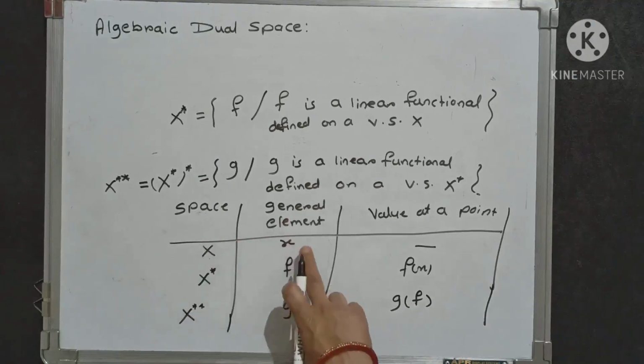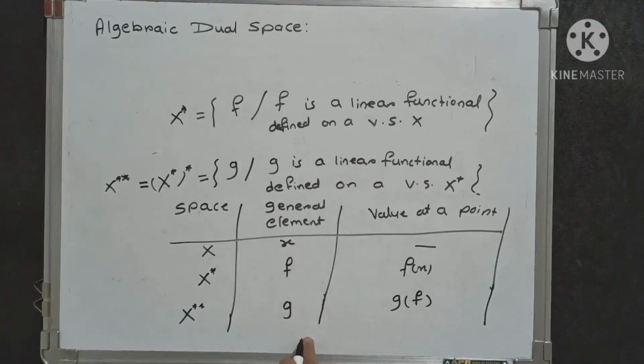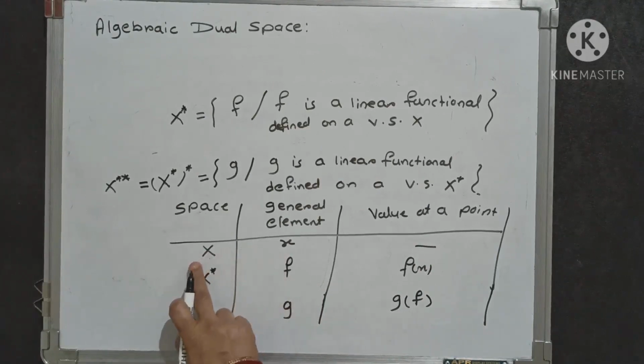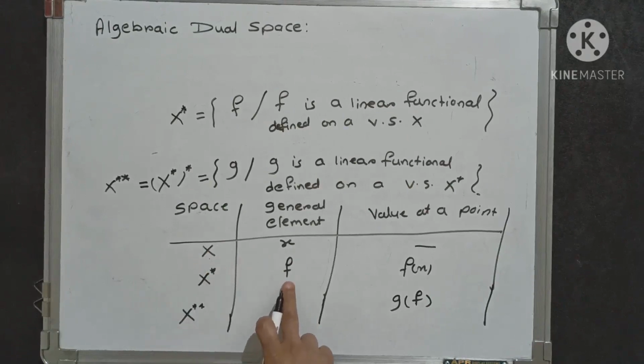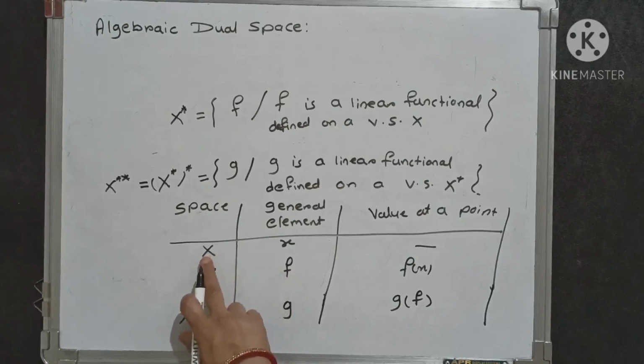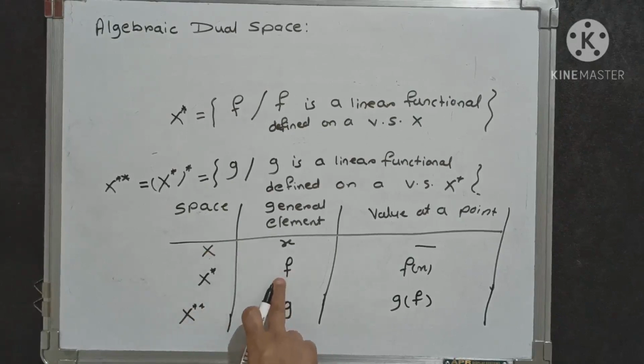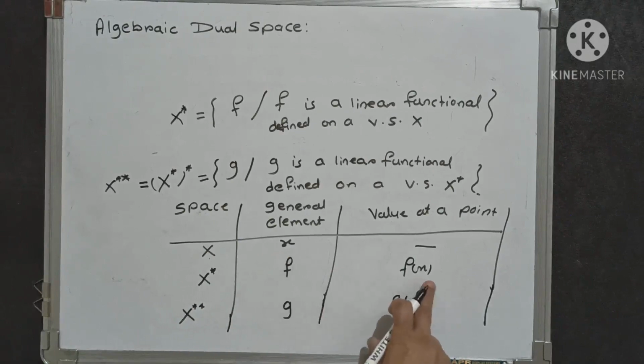We see the general element of these three spaces, and also the value at the point. Here we observe that if small x is an element of the vector space X, on this vector space we define a linear functional f. Therefore f is applying on each element of this vector space, and we get the value f of x.